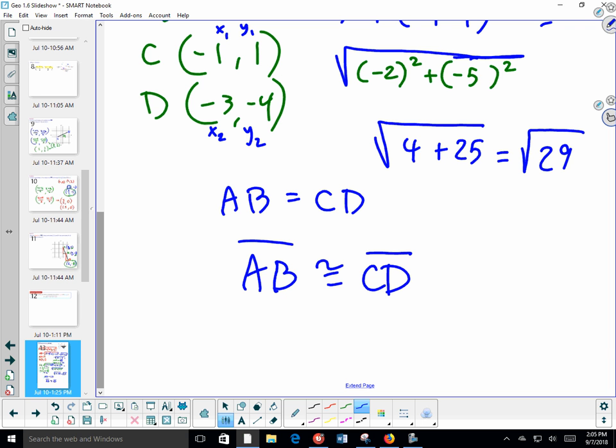I do want to highlight something because I see this mistake often with students, and that is people get mixed up between the distance formula and the midpoint formula. Which formula am I doing subtraction in, and which formula am I doing addition in? Connor? Distance, we subtract in parentheses and square, then add.